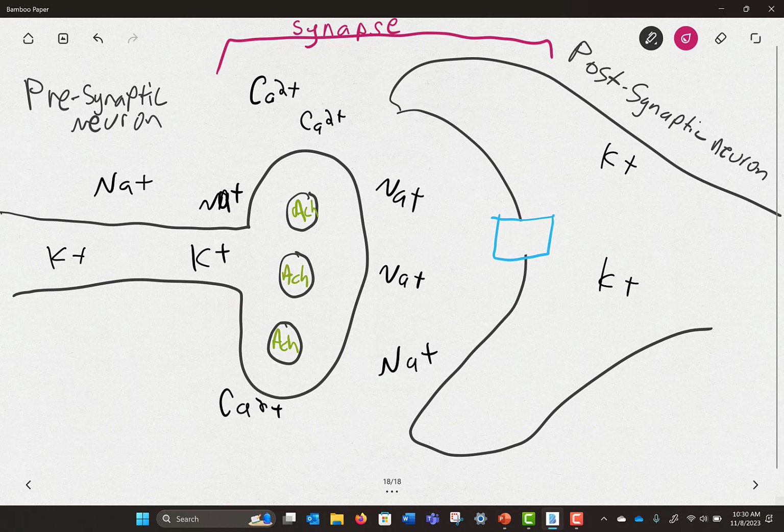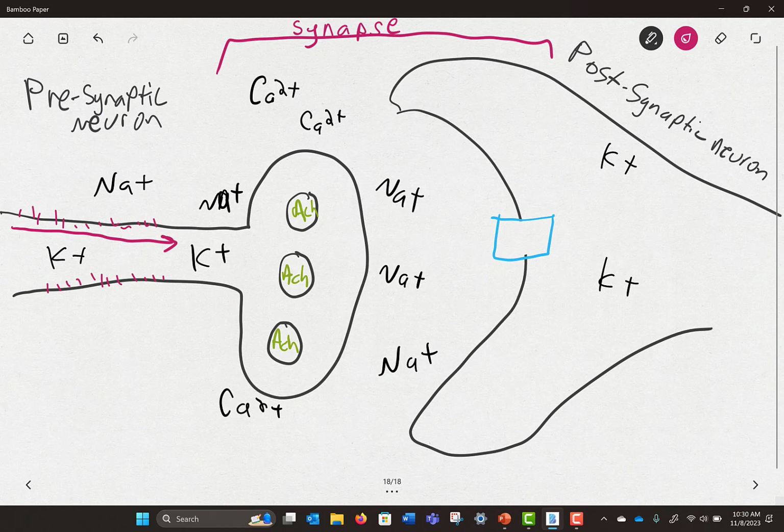Now, everything that we talked about in the previous lecture, the action potential that is being sent down the axon, we say the action potential that is propagating down the axon, is happening in this direction. All of those proteins that we drew are along this membrane, and all of those events that we drew are happening.